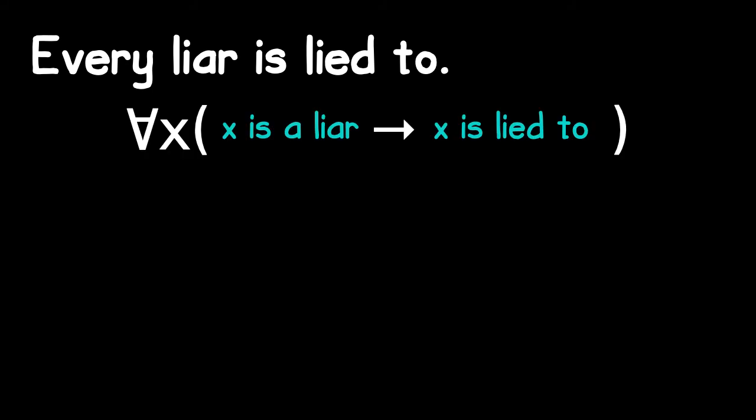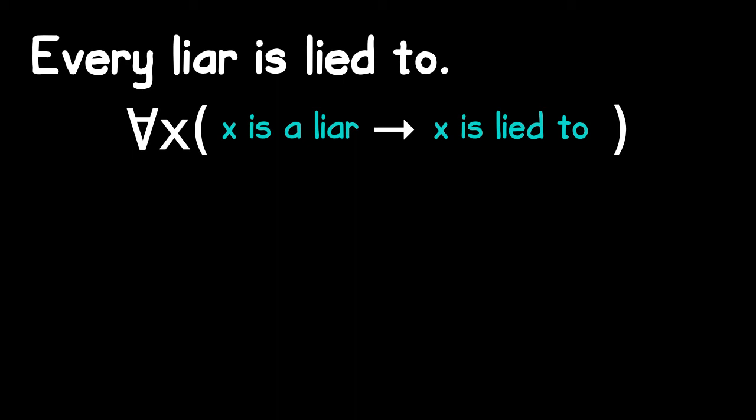Now consider this sentence. Every liar is lied to. This is a sentence of the form, all of these are those. It says that everything with one property has another property. We can translate it with a universal quantifier and a conditional. For all x, if x is a liar, then x is lied to.